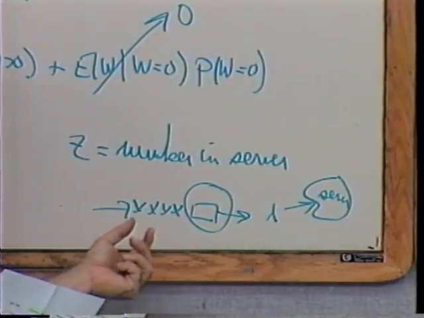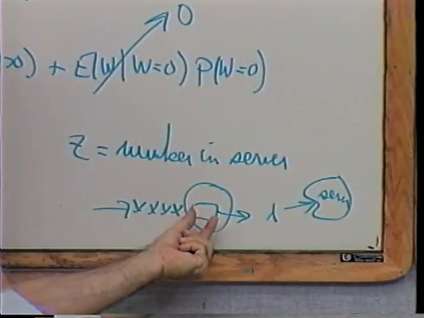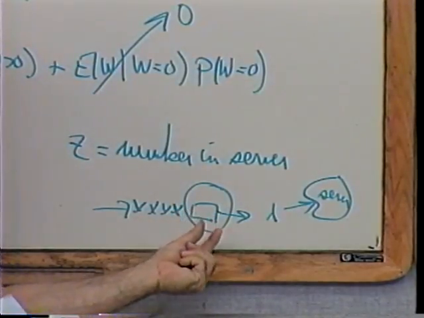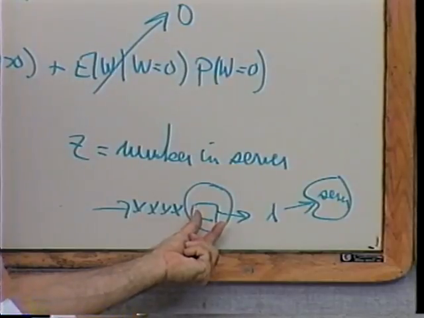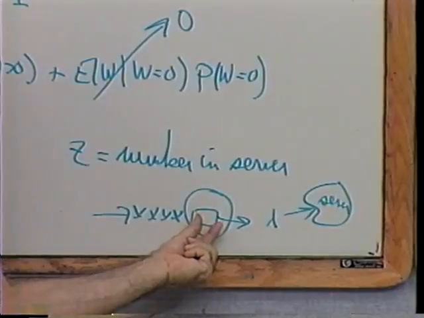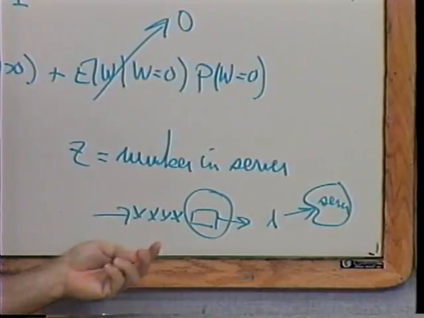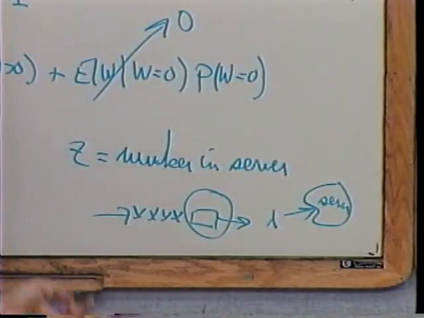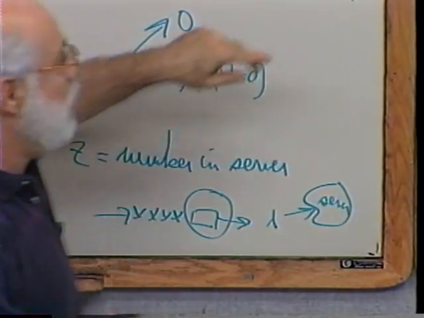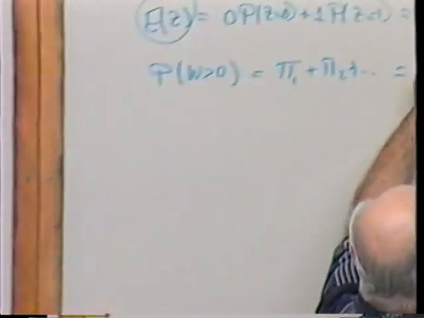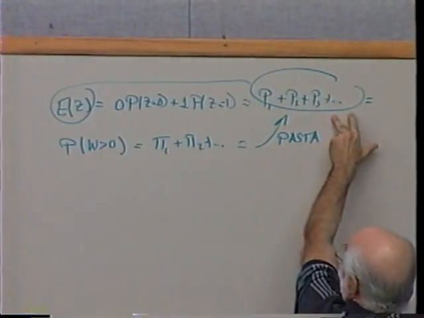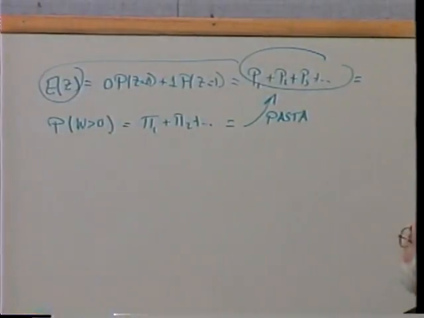So from the viewpoint of Little's theorem, I can view the server as the system and say that L equals lambda W, which means that the average number in the server is equal to lambda times the average time in server. Now the average number in server is the expected value of Z, and the expected value of Z is the sum of those probabilities, and that is this thing right here.